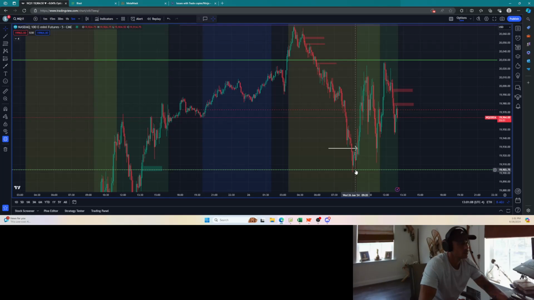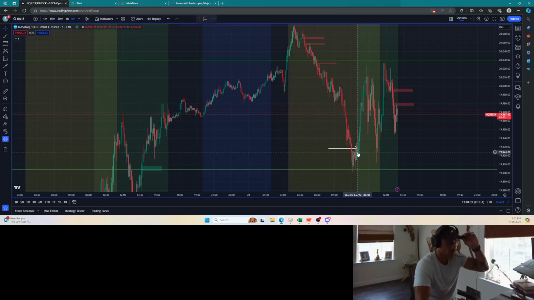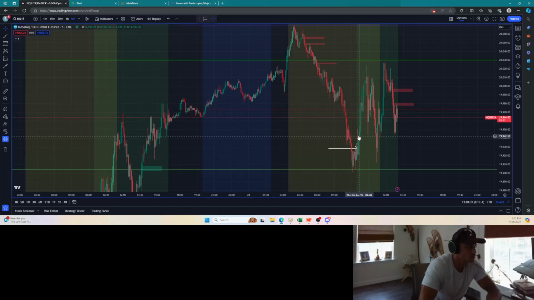And there's a 30-minute gap right here too that we tapped into, and it respected this 5-minute. So I went long right in here, right on the morning, like 9:35. Then I trimmed on this 9:40 candle around where this high is, that opening print high. I trimmed right there, and then we got a nice displacement up.